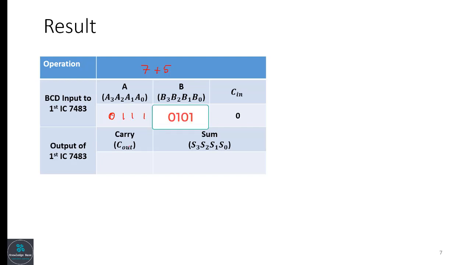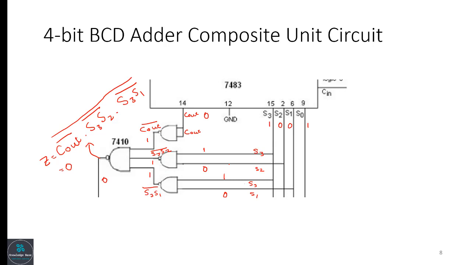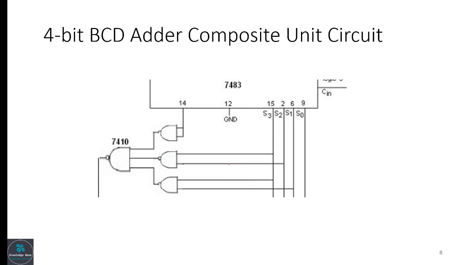Carry in is 0, carry out will be 0, and the result will be 1, 1, 0, 0. So it is going to the NAND gate. So I am putting 0 over here, S3 and S2 is 1, 1, and S1 and S0 is 0, 0.